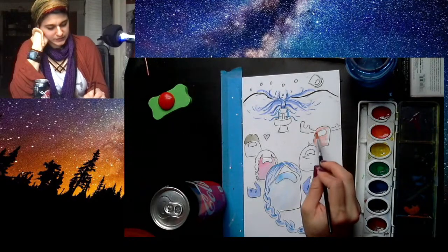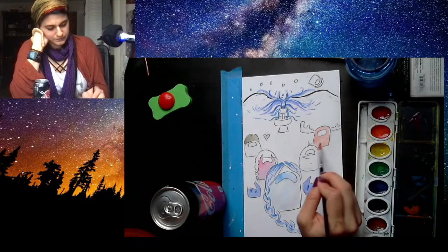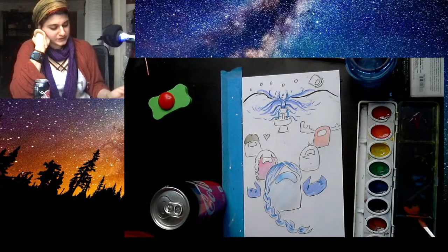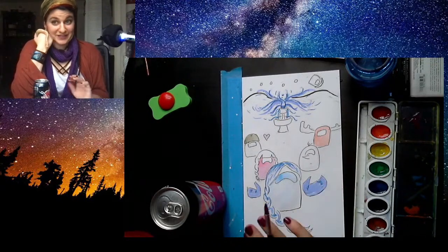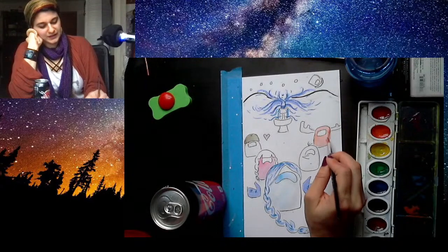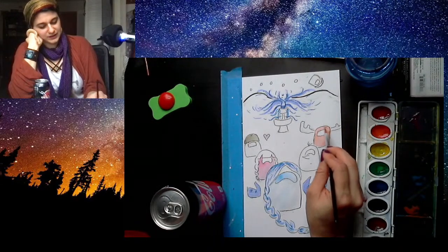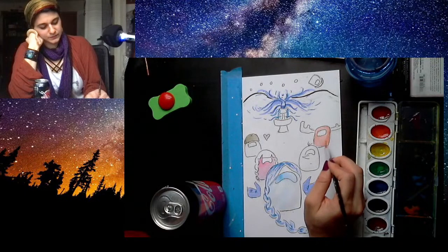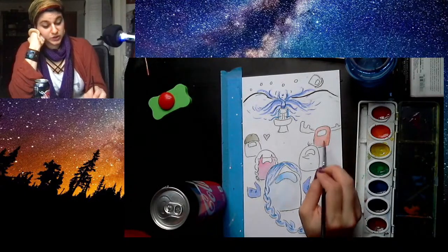Brown with orange right there. Perfect. And if I really wanted to start thinking about shadowing and shading, I could go over it again with that color or add a darker pigment to it.